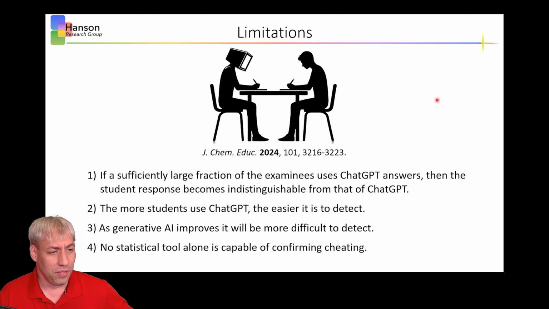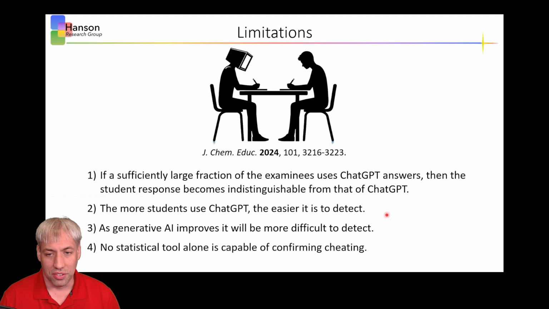But we do leave the conclusion with a bunch of limitations or qualifiers on why this works or why it might not work. And so one of the concerns is if a sufficient number of the students use ChatGPT answers, then the student response and ChatGPT response end up looking the same, right? And so if half the class ends up using ChatGPT to cheat, then it would be really hard to distinguish the two.